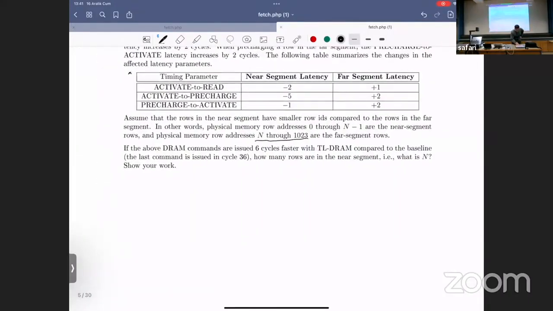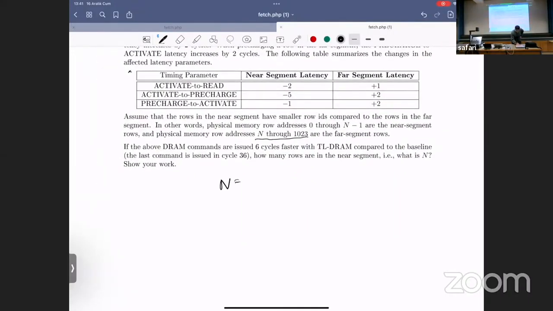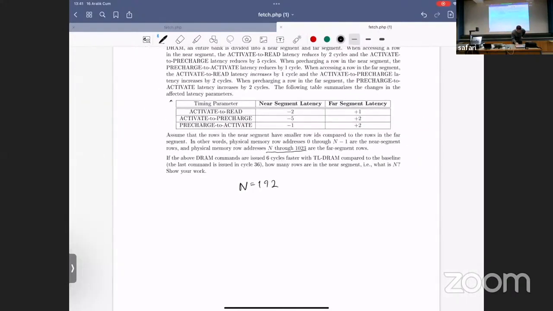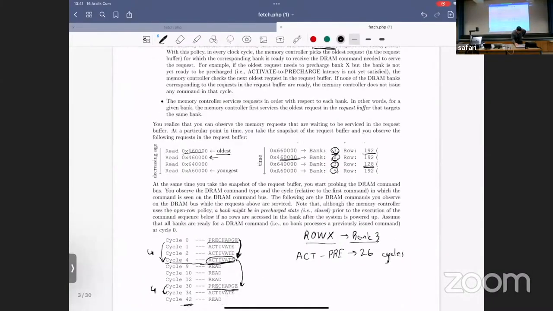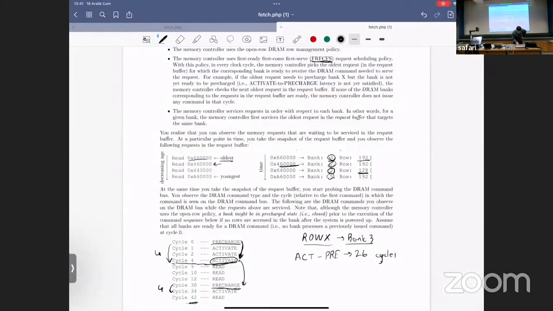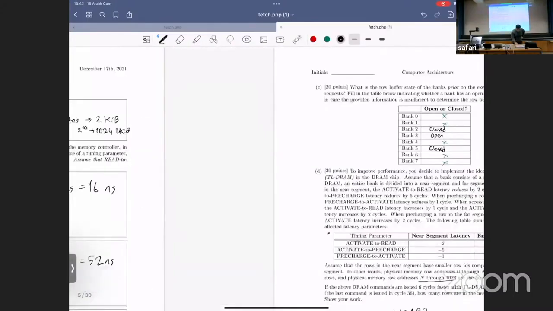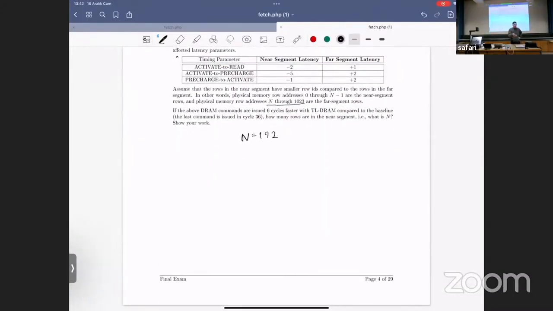That is, we're setting n equals 192 and seeing what happens to the new latencies. And n is 192 because the request that targets the row with the largest ID targets row 192. So if n is 192, every row accessed by these requests is in the near segment.